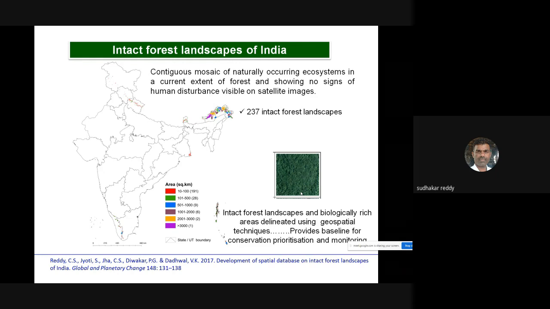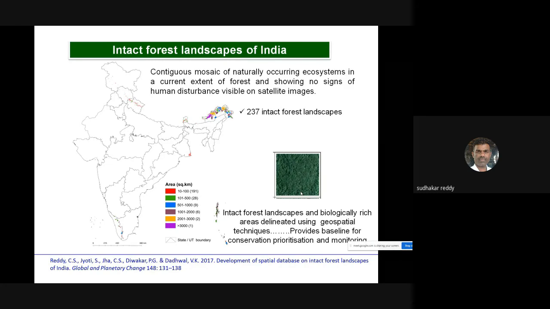So finally, by applying the 1 kilometer buffer from the disturbance sources, it has yielded only 237 landscapes as intact. These are distributed mostly in Kerala, the Western Himalayas, and the Eastern Himalayas.